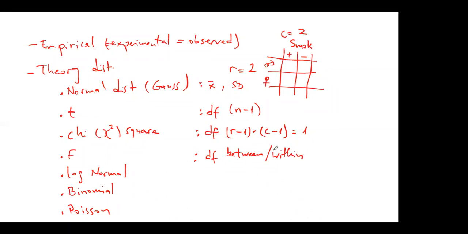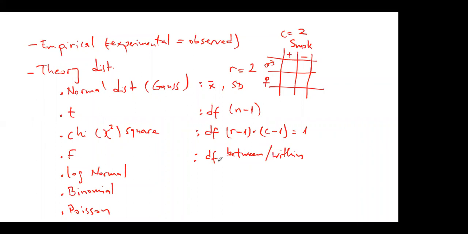Why between and within? Because in ANOVA, you have more than 2 groups and a numerical variable. So if you have more than 2 groups and you measure the numerical variable, you will have a variation between the groups and of course also a variation in the measurements within the groups.